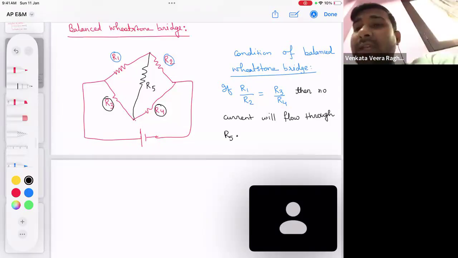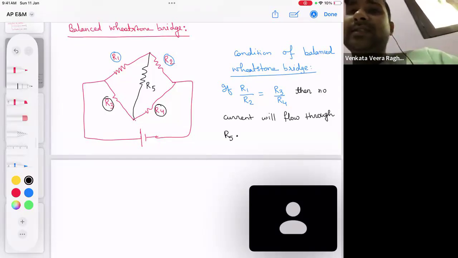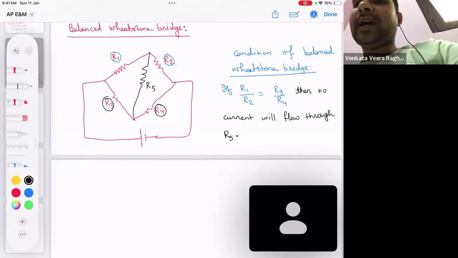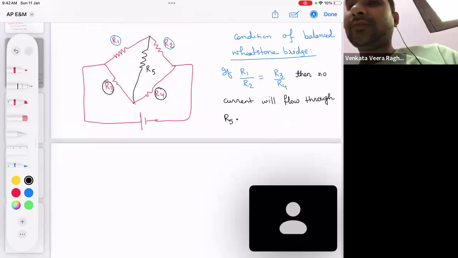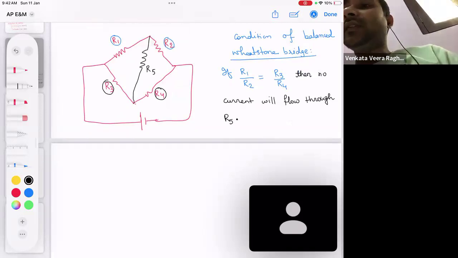But for this to happen, for this Wheatstone bridge to be balanced, the simple condition needed is that the R1 R2 ratio must be equal to the R3 R4 ratio. If that ratio is maintained, then no current will flow through the R5. And if there is no current flowing through the R5, we will call this bridge is in the balanced condition.